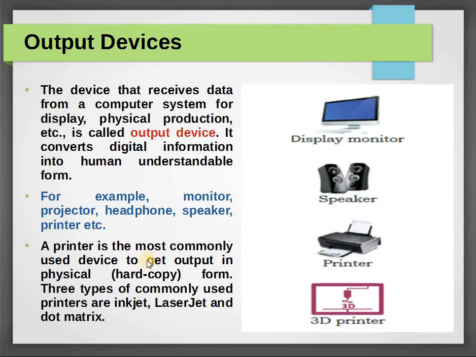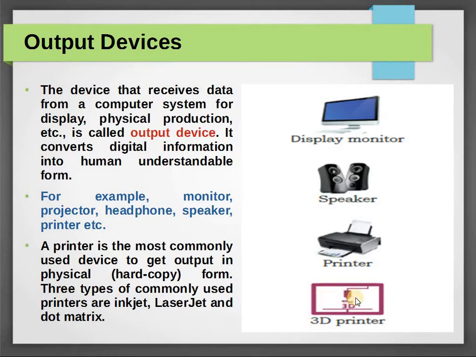A printer is the most commonly used device to get output in physical or hard copy form. Printers are of three types: inkjet, laserjet, and dot matrix. But nowadays there is a new type of printer called a 3D printer.